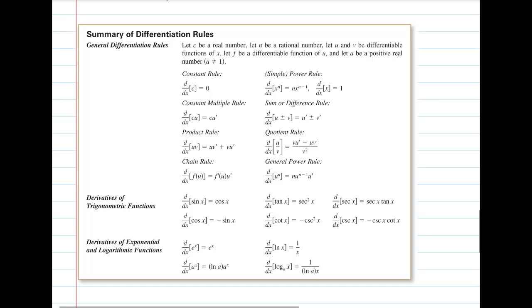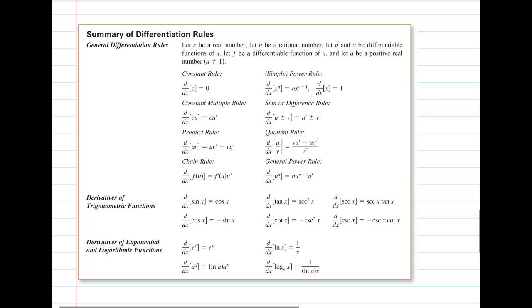That distinguishes the original rule from the one generalized with the chain rule. The simple power rule applies only for x raised to some power, and the general power rule applies to any function of x raised to a power. Everything is going to work the same, with the same procedure, but now with the chain rule applied to it.